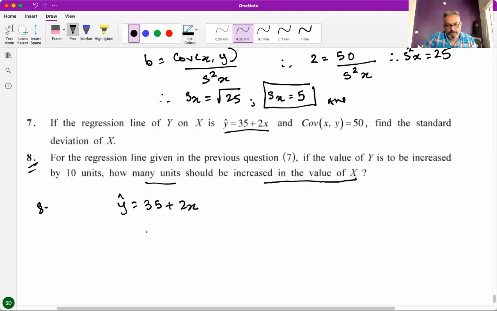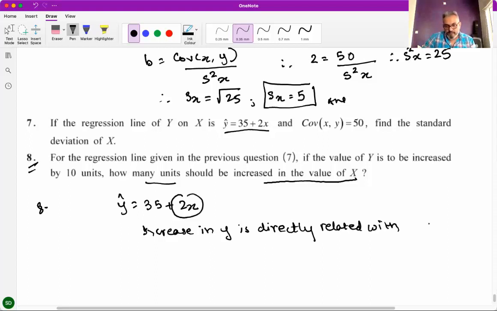So increase in y is directly related with this 2 into x. So therefore 10 is equal to 2x.